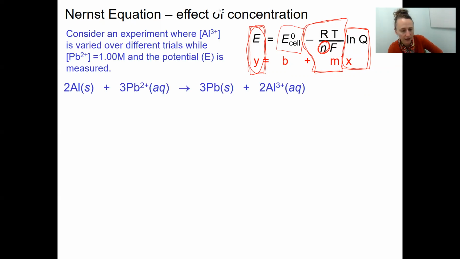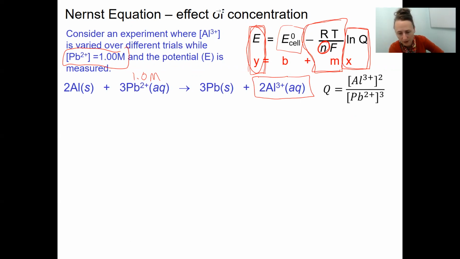All right, so we're going to have an experiment where we have aluminum solid reacting with lead ion, and we are going to maintain a 1 molar concentration for lead. And then we're going to vary the concentration of the aluminum 3+ and measure the potential.